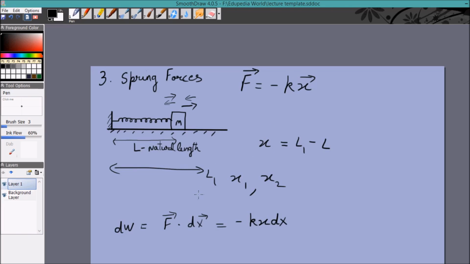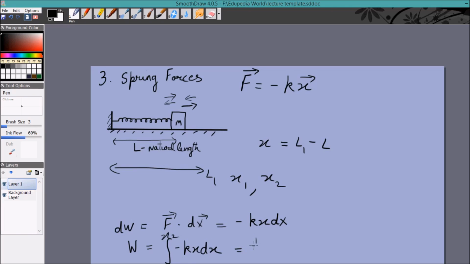So now I want to integrate it, but remember in this case the force is not constant. In fact, this x will stay inside the integral. So if I integrate it, I will get work done equal to the integral of minus kx dx, where the extension goes from x1 to x2.